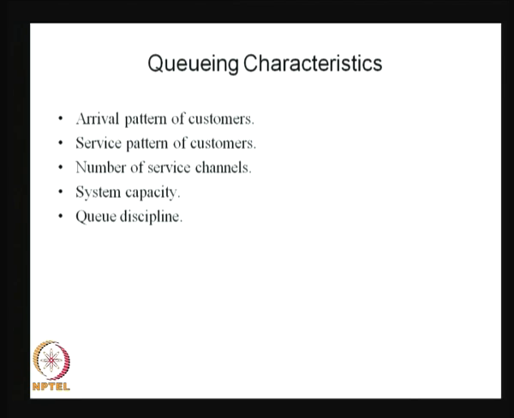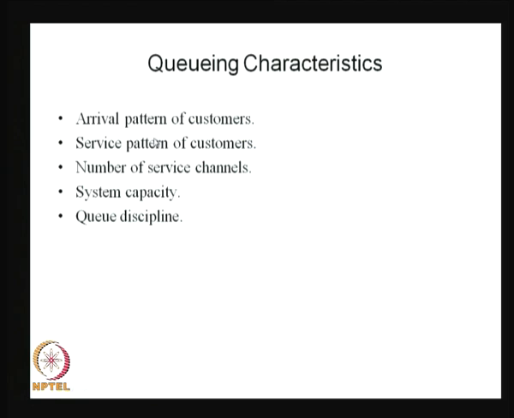If the customers are entering with an inter-arrival time that is a random variable, then we should know the distribution of the inter-arrival time. So, this information is needed to define the queuing system: the arrival pattern, including whether it is deterministic or probabilistic. If it is deterministic, then what is the constant inter-arrival time. If it is probabilistic, then what is the distribution, and so on.